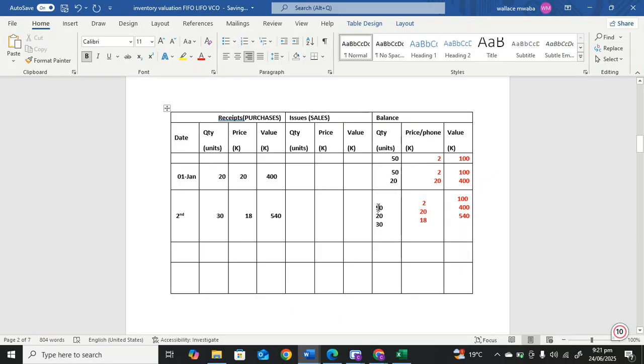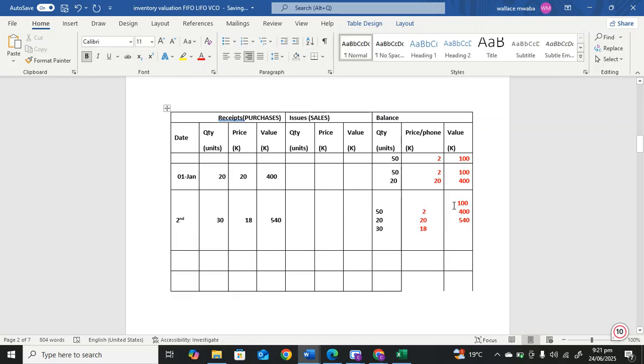So every time there's a purchase, you're going to have to do this. Now I'm just trying to align them so that they're in order.